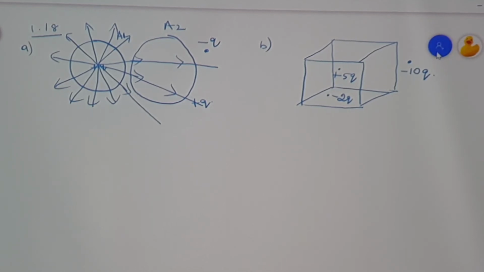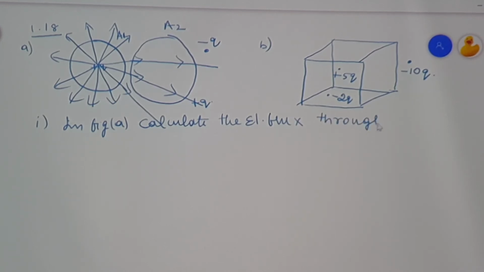What is asked? Number one, the question asked is, in figure A, calculate the electric flux through closed areas A1 and A2.